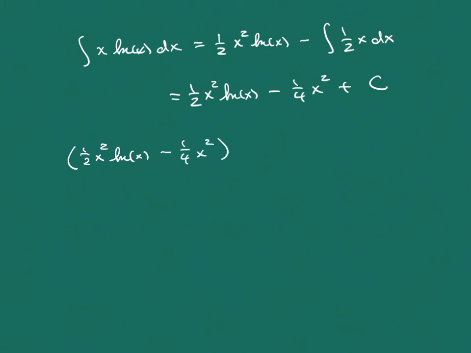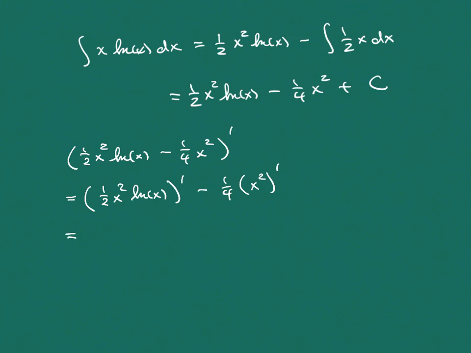Let's take the derivative of that, and let's see what we get. Well, the derivative distributes across the difference. So we've got the derivative of 1/2 x squared natural log of x, minus a 1/4 times the derivative of x squared.